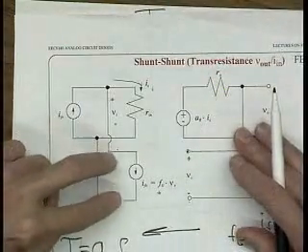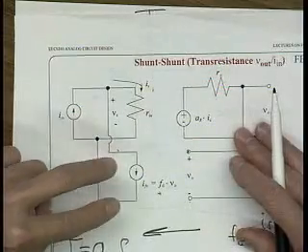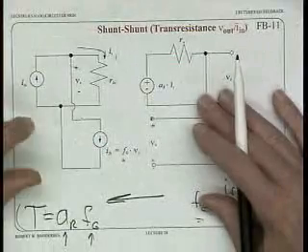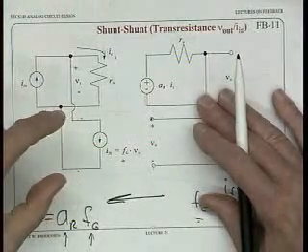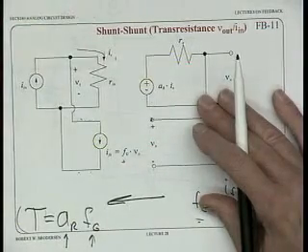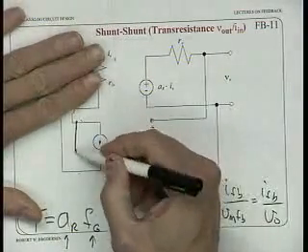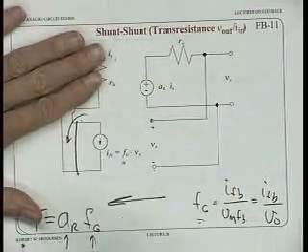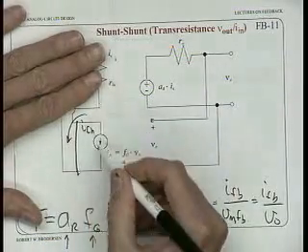What would I do on this side in order to figure out how much current is coming out of the feedback network? Would I put an open circuit there, or would I put a short circuit there? A short circuit. Exactly right. We've got to short this in order to see how much current is coming out of this thing for the feedback current.